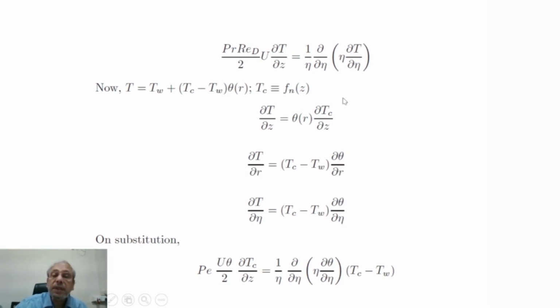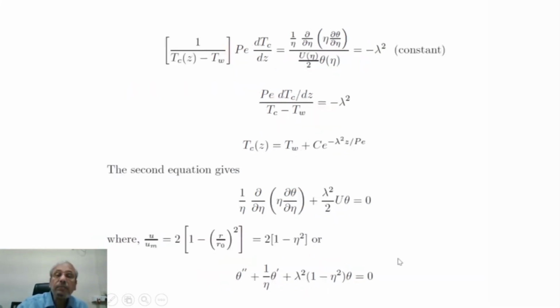So in this equation, we do the substitution of del T del eta and del T del Z, and we get Prandtl number into Reynolds number, Peclet number, U theta by 2 dTc dz equal to 1 by eta del eta eta d theta d eta into Tc minus Tw.